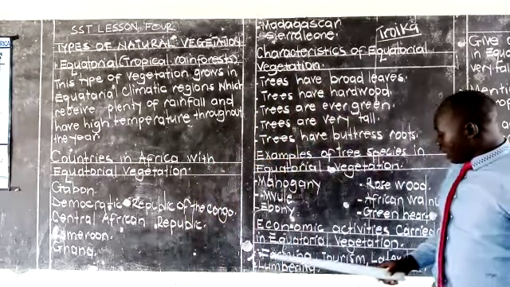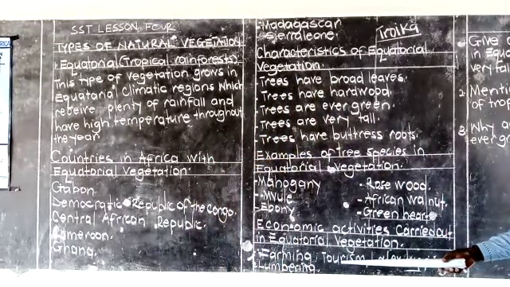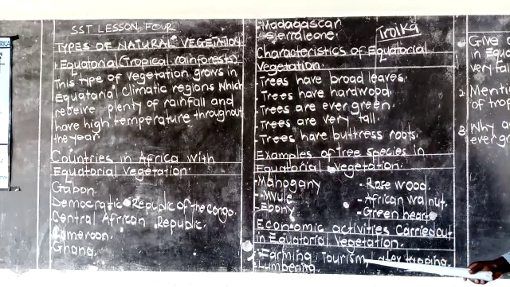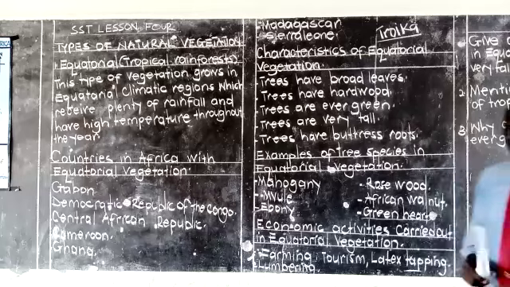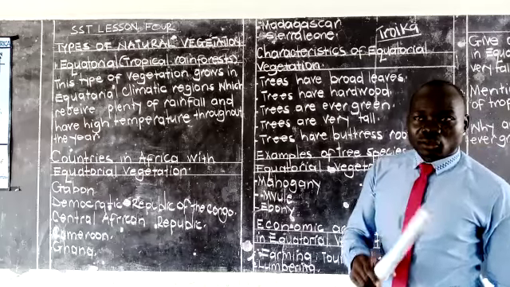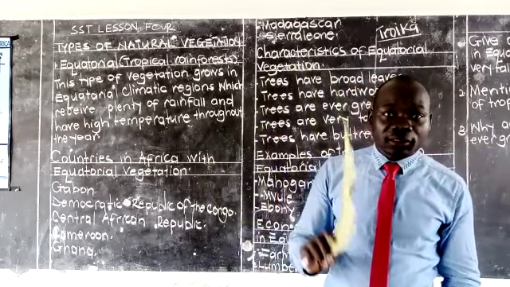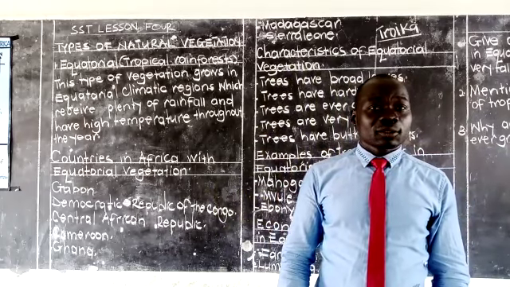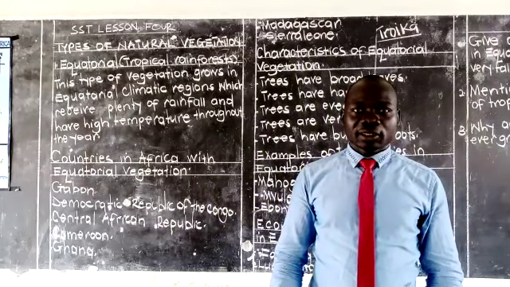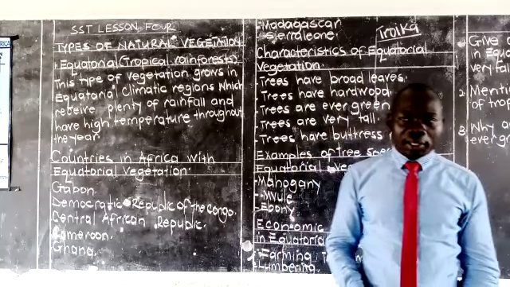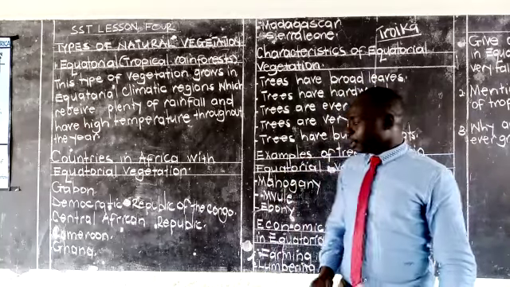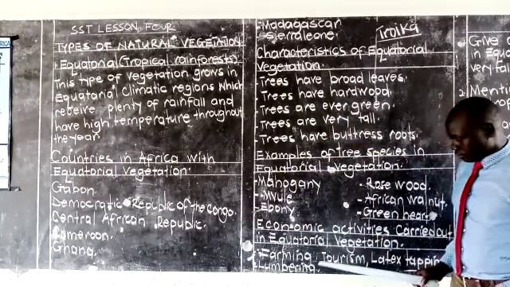We have another economic activity called tourism. I am interested, you are interested, in seeing practically the broad leaves that are found in a tropical rainforest. So that act of going to see it is called tourism.